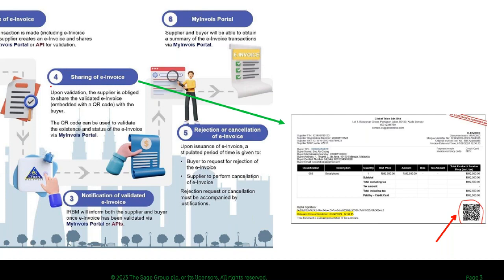It'll all be recorded in the LHDN system, and once sent back to the customer, we will have the ability to push it into the Sage 300 system to automatically create an invoice in accounts payable, as an example.